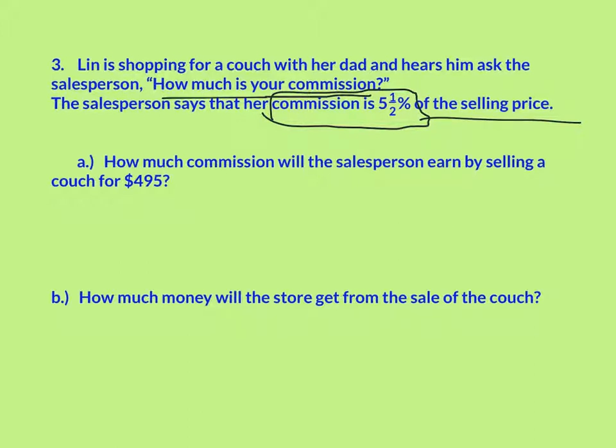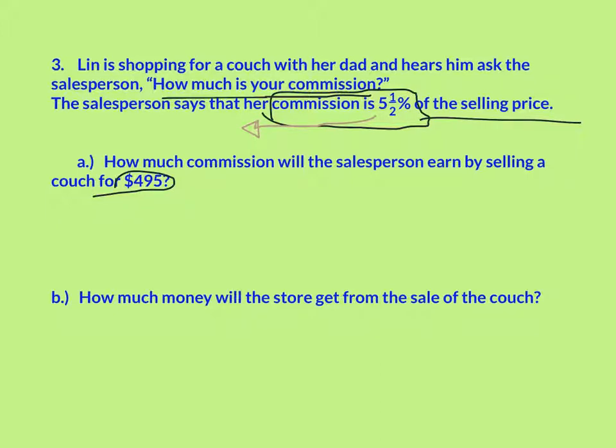So the first question here is, how much commission will the salesperson earn by selling a couch for $495? I know that we've talked about how rude it can be to change those fractions to decimals without permission, but when we're dealing with percentages, the permission is implied, because in order to change that percent to a decimal, it has to be in its decimal form.